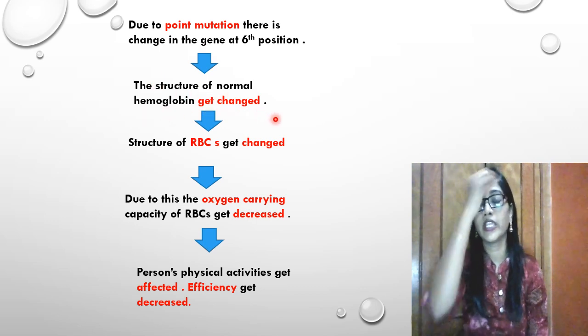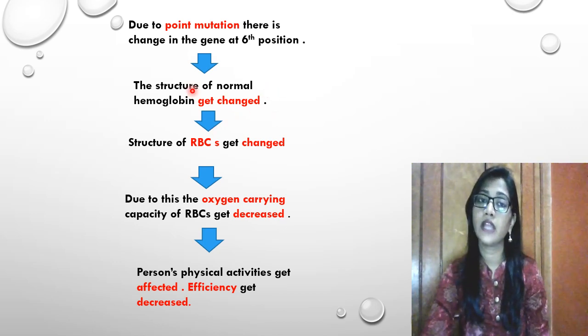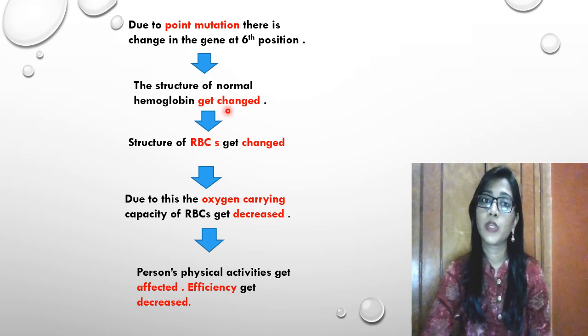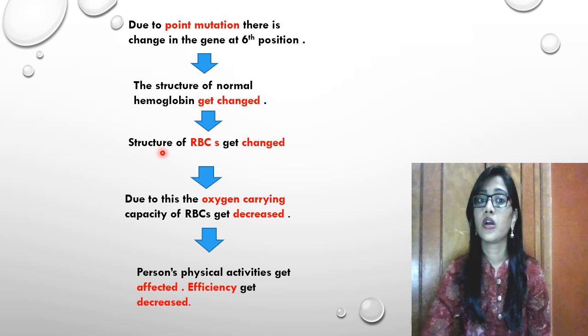The beta chain gets changed, and because of that, the structure of the normal hemoglobin gets changed, and because of that, the structure of red blood cells gets changed. That is, the normal circular disc shaped RBCs, or red blood cells, get converted into a half moon type of structure. So that is the structure alteration in the RBCs.